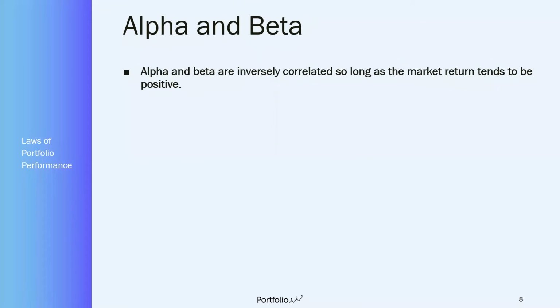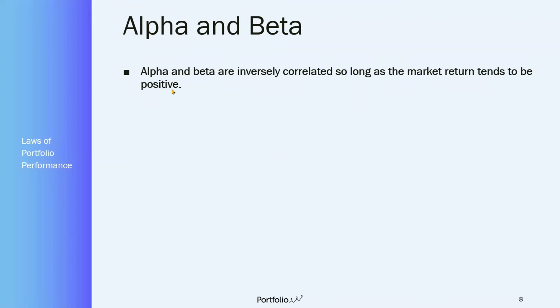Alpha and beta. I have come up with a mathematical proof that I published that alpha and beta are inversely correlated so long as the market return tends to be positive. In other words, low beta portfolios are likely to outperform high beta portfolios. This applies only when you calculate alpha and beta by using a benchmark that constitutes the average returns of the securities among which you're choosing from.